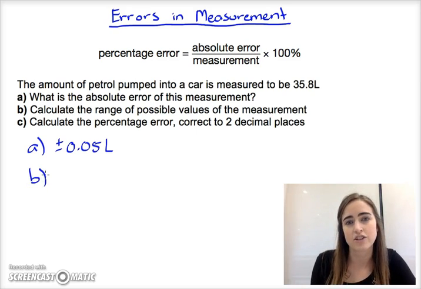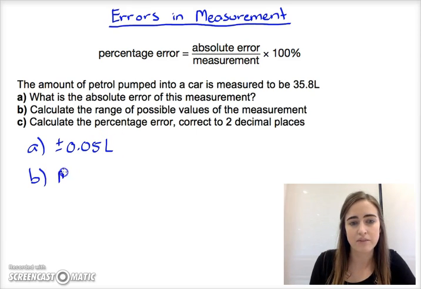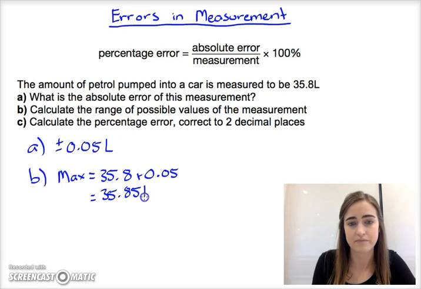Part B then asks us to calculate the range of possible values of the measurement. So what the measurement actually could have been, but we've rounded it to 35.8. So the maximum it could have been would have been that 35.8 plus that 0.05, which would have given us 35.85 litres.